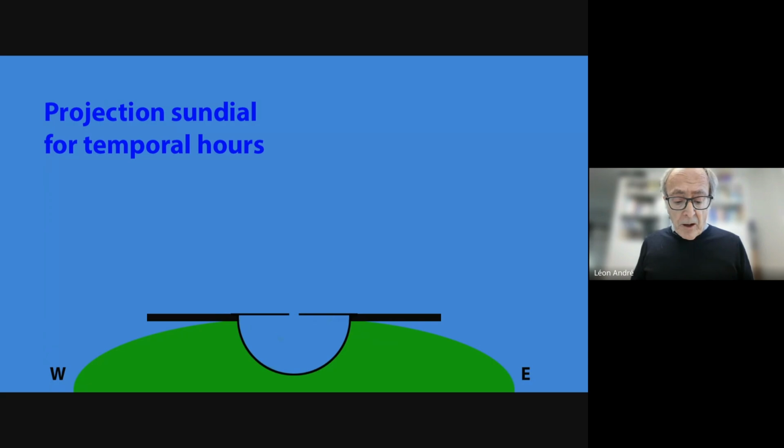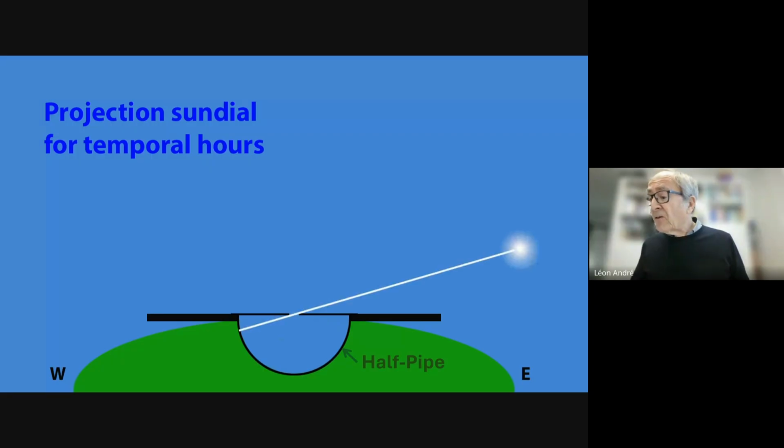I chose a half pipe as an indentation and oriented it north-south. In the morning, after sunrise, a point of light will appear on one edge of the half pipe.